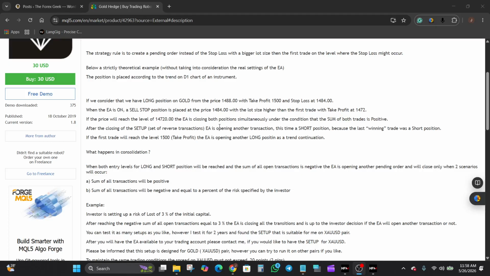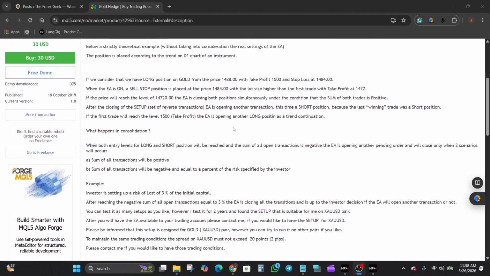So the system is constantly balancing exposure between two sides of the market rather than relying on a single directional outcome. Now, another important behavior mentioned is what happens after a full setup is closed. If the last winning trade was a short position, the EA continues from that direction, and if the last winning trade was long, it continues in that direction.